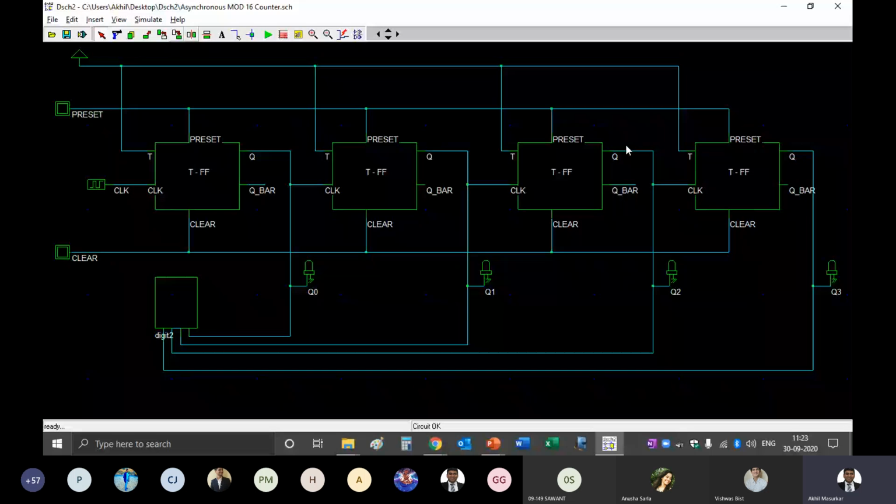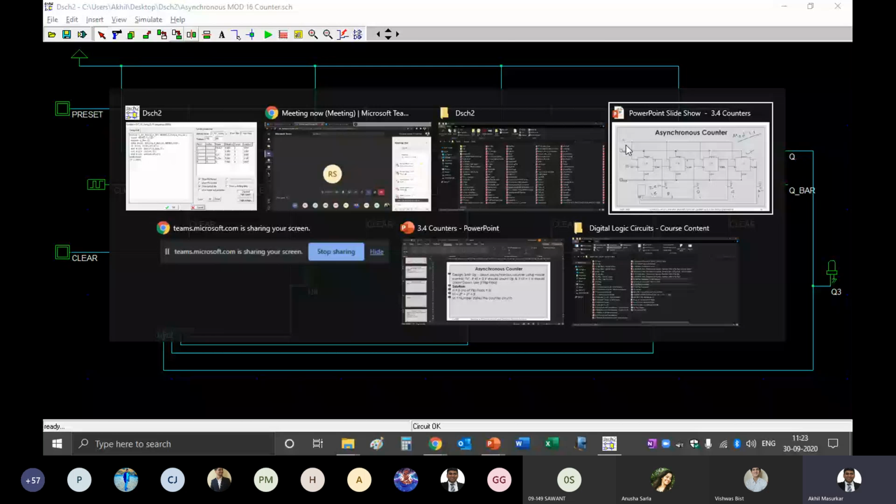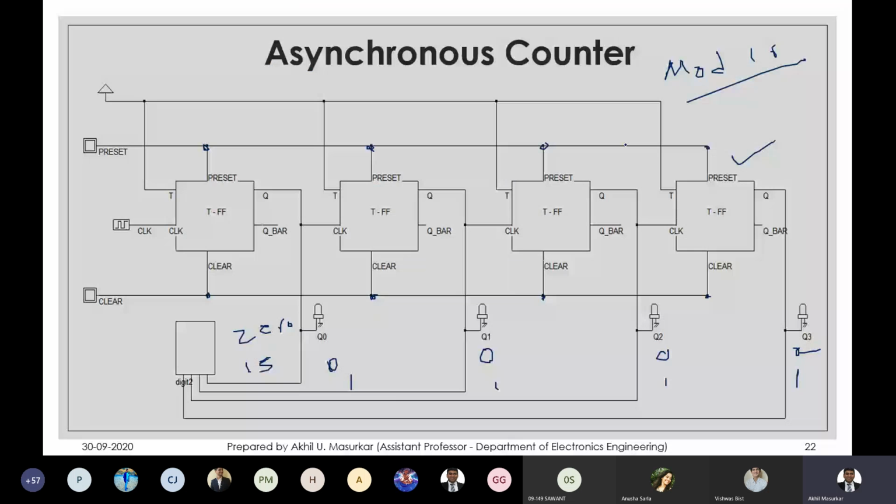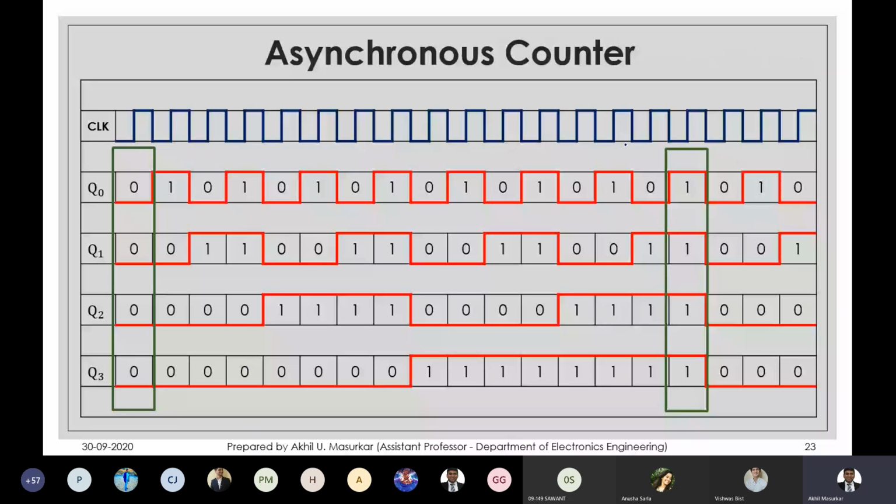Okay. So let's go to the next counter. This is the timing diagram for the counter. You can see the timing diagram for this counter is comparatively huge. There are going to be 16 states.